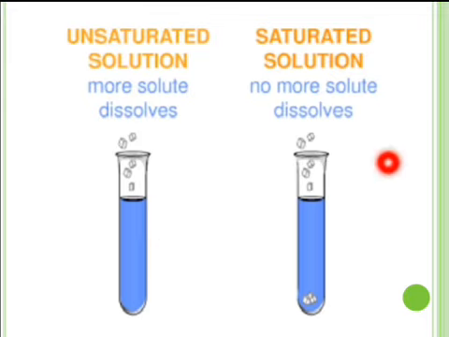But one stage is reached when no more solute can be dissolved in the same solvent. Then it means the solution has become saturated. No more solute can be added in the same solvent at the given temperature, and extra solute starts settling at the bottom of this test tube.